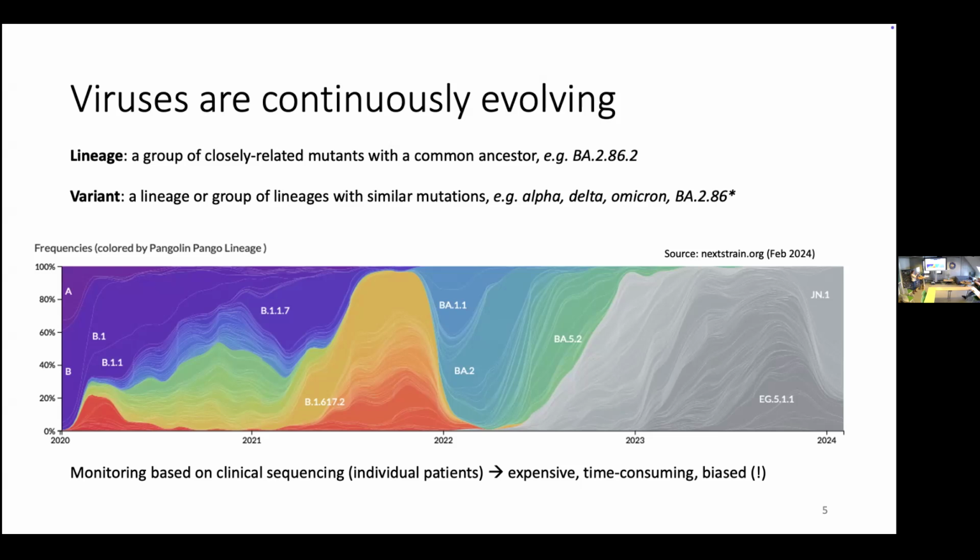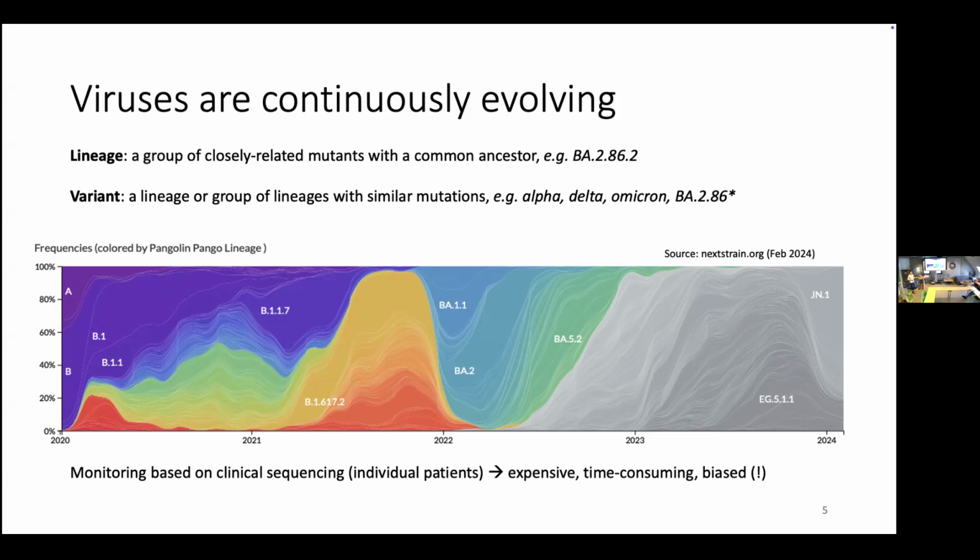And this plot here comes from NextStrain, which is a platform used to show the virus evolution and all the data that we have for this. But this is based on clinical sequencing, meaning that individual patients coming to the hospital have been sequenced to see what exact lineage was infecting them, and that gives you this plot showing how the abundance of these different lineages has changed over time.